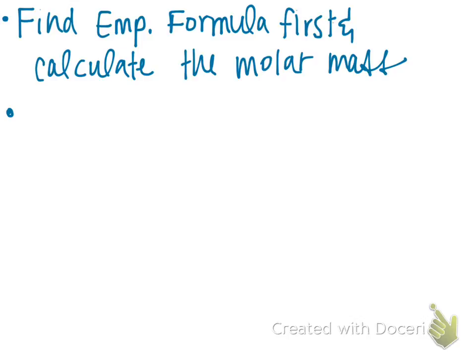In these molecular formula type problems, it might say this one contains 30% carbon and 40% oxygen and whatever, and the molar mass of this unknown compound is 450 grams.